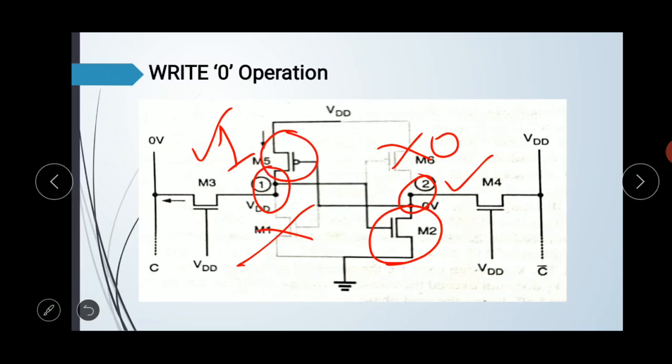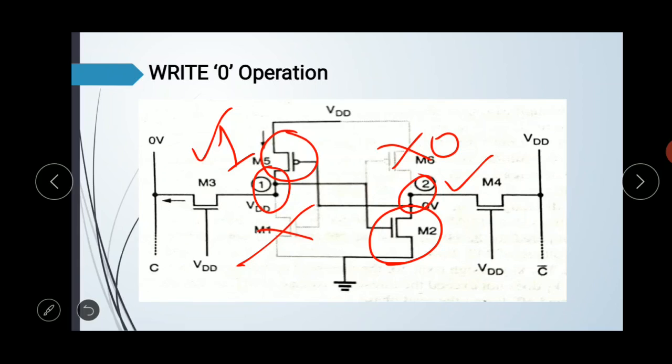As we know, when we give 1, then NMOS is turned on, and when we give 0 at its gate, then PMOS is turned on. The same logic is applied here. So we initially assume that logic 1 is stored in this memory cell.